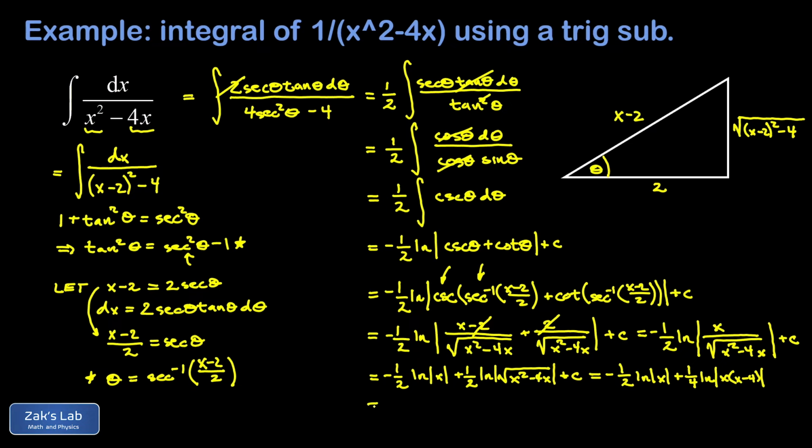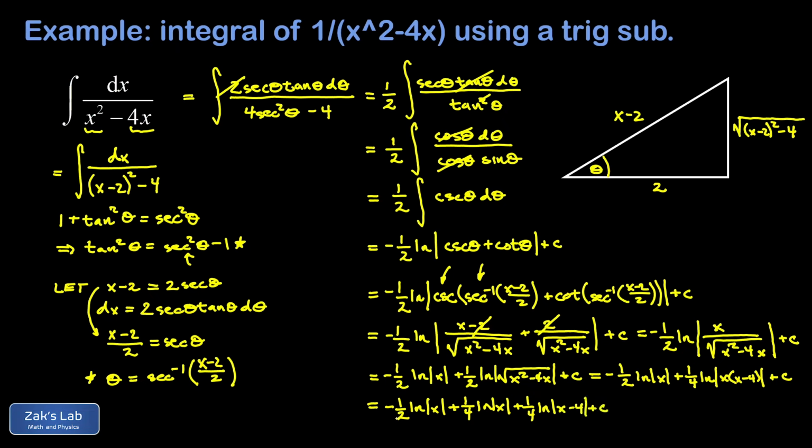So now I can use log properties again and write the natural log of x times (x minus 4) as a sum of two logs. And I'll go ahead and distribute the 1/4 over those two logs as I go. Oh, I forgot my plus c in that line. So I get a negative 1/2 natural log absolute value x plus 1/4 natural log absolute value x plus 1/4 natural log absolute value x minus 4.